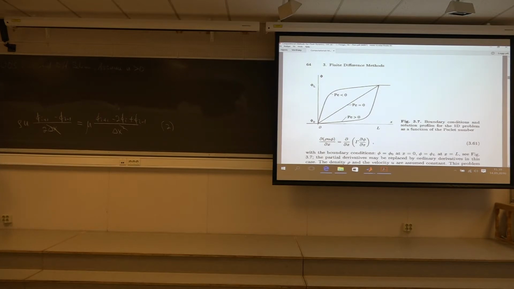Then our scheme is going to look like what? Well, the only difference here will be removing the +1 here and removing the 2. That's it. That is the only difference.